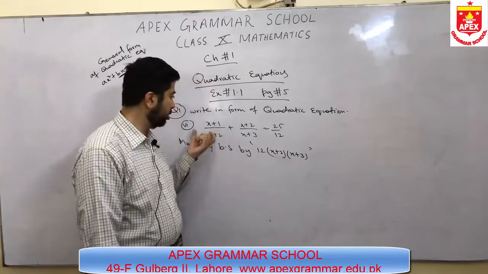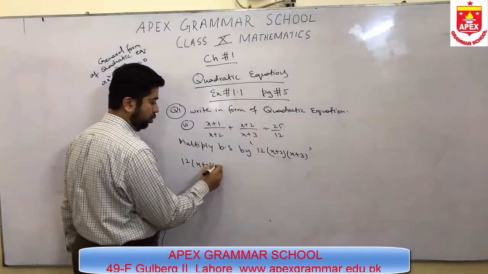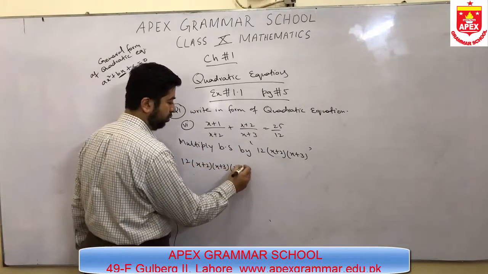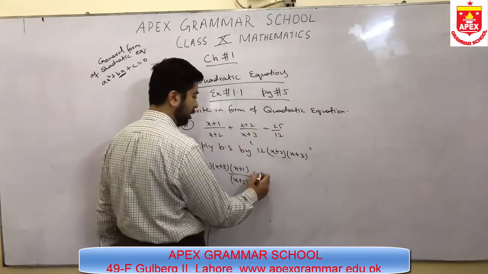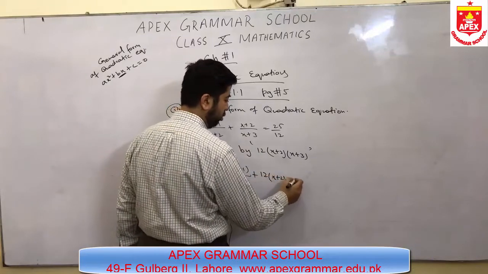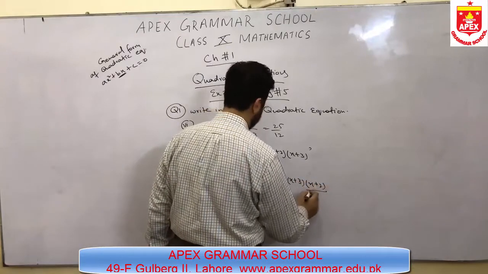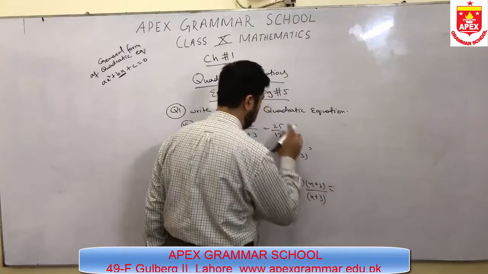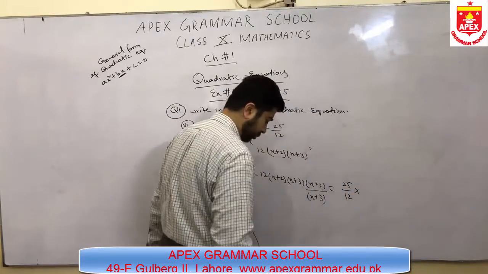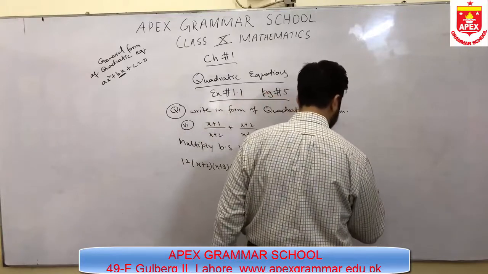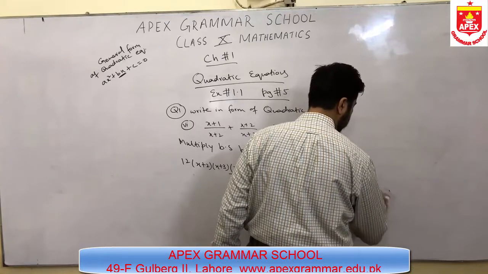You just have to multiply all these expressions: 12 into x plus 2 into x plus 3 with x plus 1 over x plus 2, plus 12 into x plus 2 into x plus 3 with x plus 2 over x plus 3, is equal to 25 over 12 multiplied by 12 into x plus 2 and x plus 3.